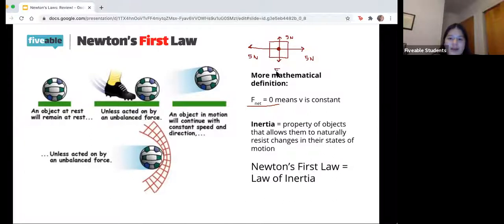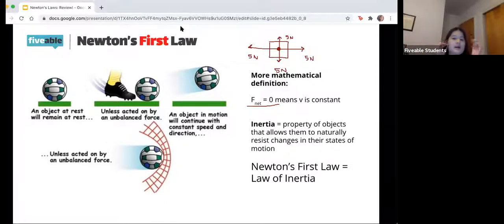So there are definitely forces acting upon this ball, or the square. Well, it's a box. There are definitely forces acting upon it, as highlighted by the arrows. But it's all balanced. These are all balanced forces.